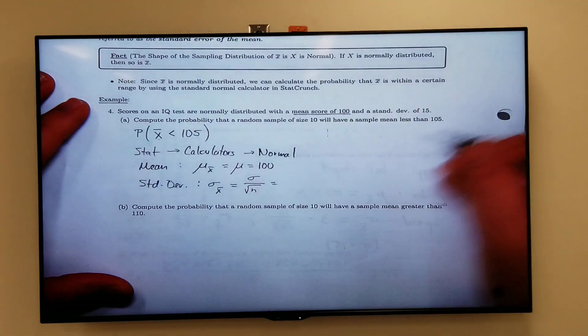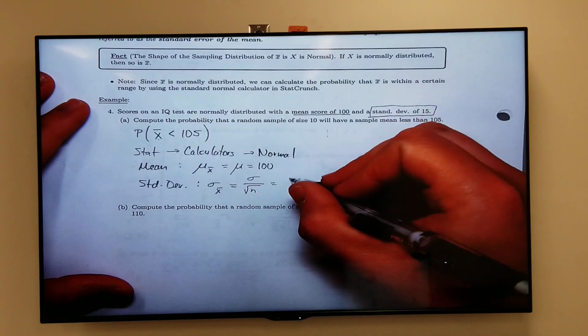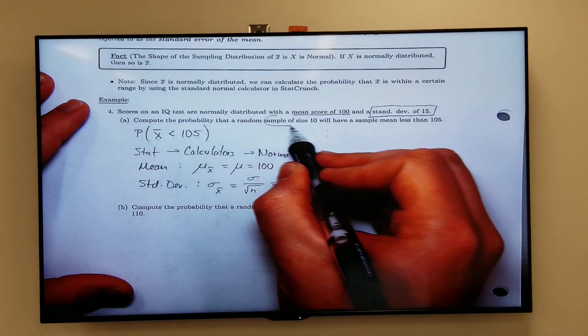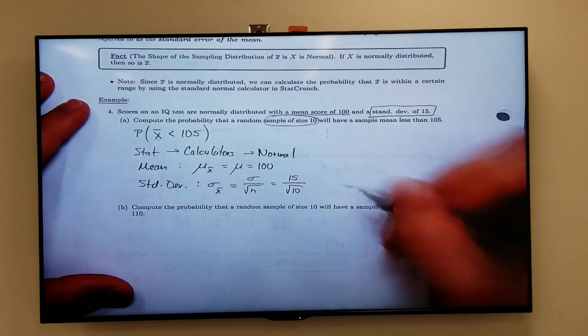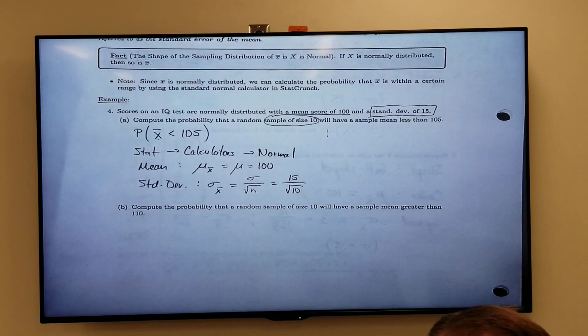So population standard deviation in this case was 15. The sample size was 10. So I'm going to punch that into my calculator and see about how much that is.